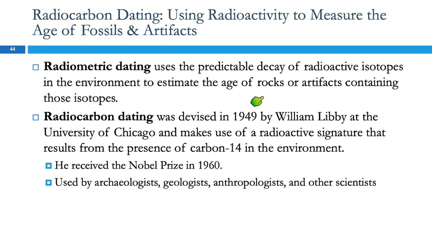We can estimate the age of rocks or artifacts, bones, all kinds of things using these isotopes. Radiocarbon dating, often just called carbon dating, was developed in 1949 by William Libby. This uses the radioactive signature that results from the presence of carbon-14 in the environment. And he got the Nobel Prize in 1960. Carbon dating is used by archaeologists, geologists, anthropologists, and other scientists.